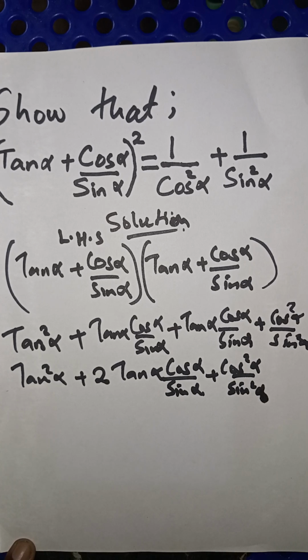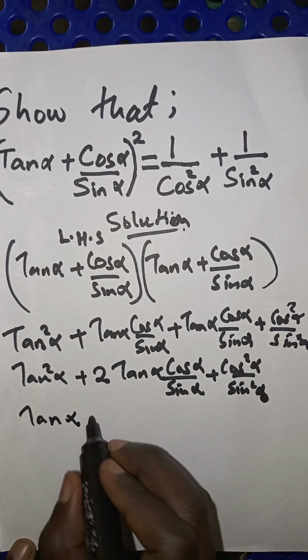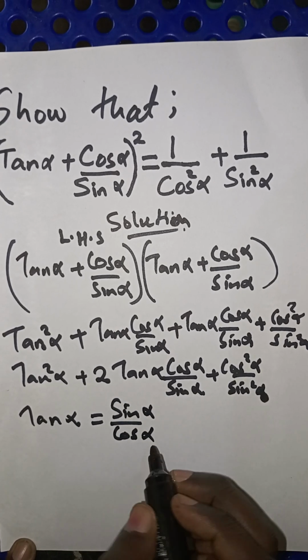Recall that tan of alpha can be rewritten as sine alpha over cos alpha.